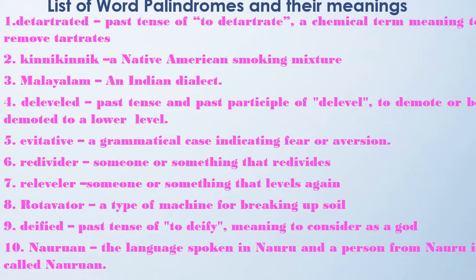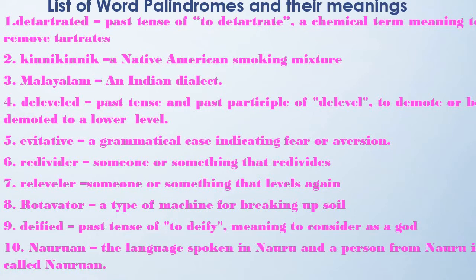Redivider is someone or something that redivides. Releveler is someone or something that levels again. Rotavator is a type of machine for breaking up soil. Deified is the past tense of to deify, meaning to consider as a god.